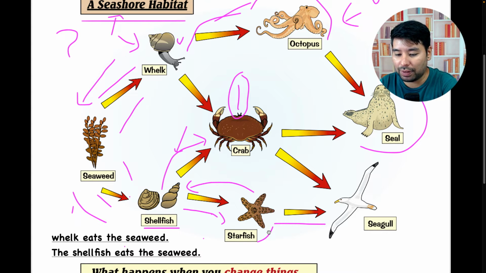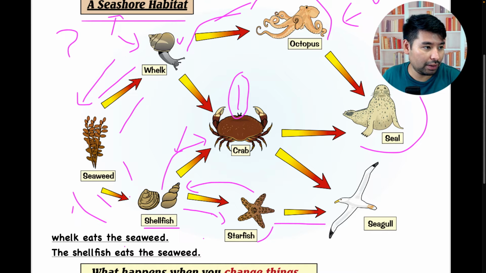So listen with me. 1, 2, 3. Seagull. One more time. Seagull. Okay, so the seagull eats starfish. And as we can see in this table, right? Sorry, let me go back a little bit here.